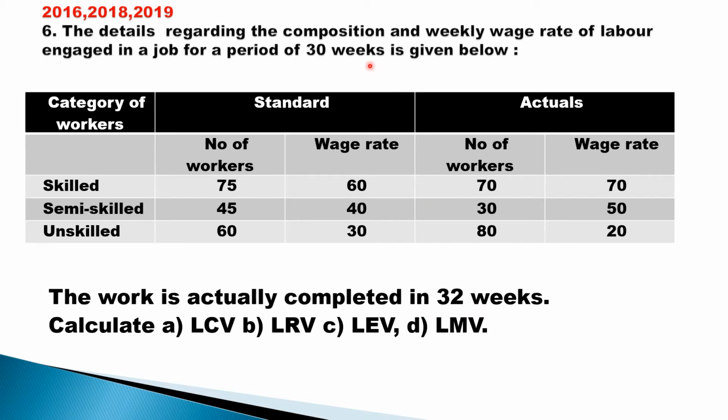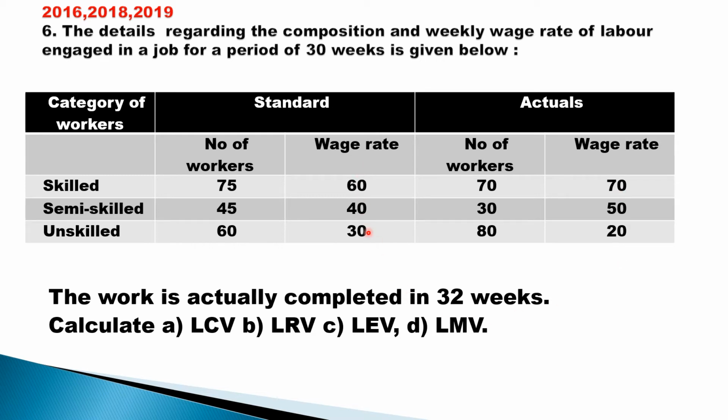So standard is 30 weeks, actual is 32 weeks. Standard wage rate 60 rupee, 40 rupee, 30 rupee is called SR, standard rate. 70 rupee, 50 rupee, 20 rupee is called AR, actual rate.